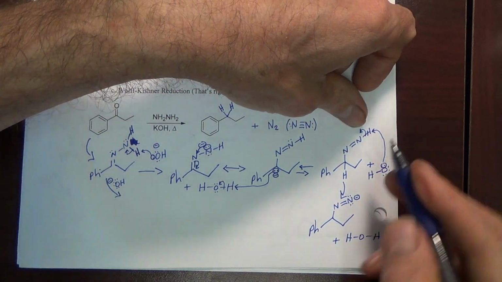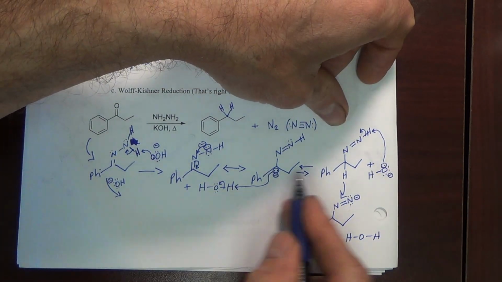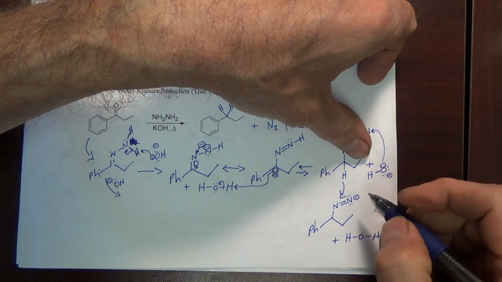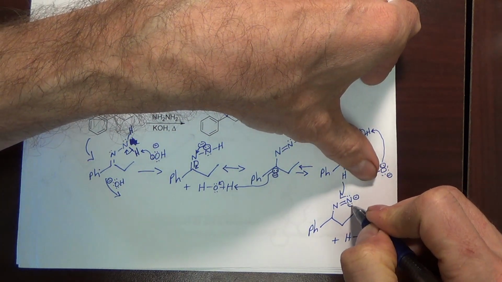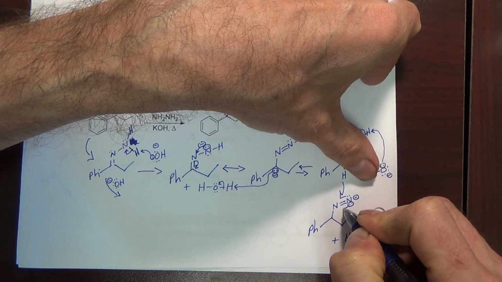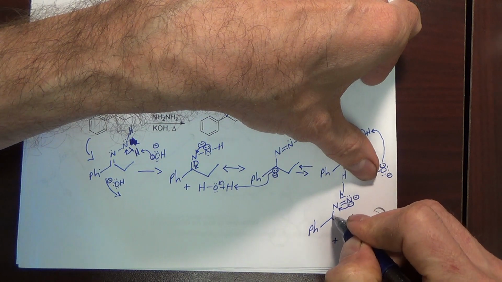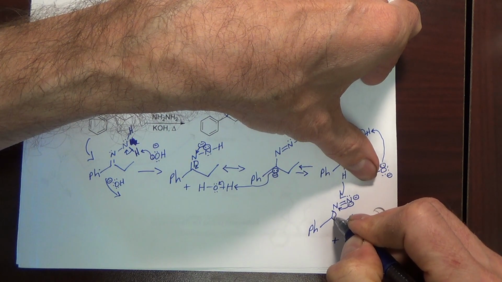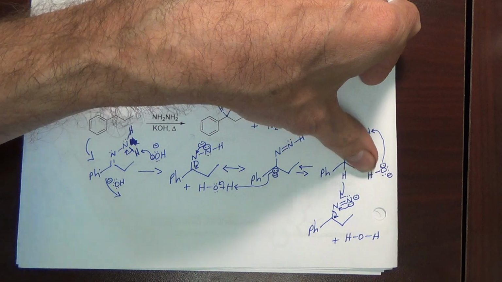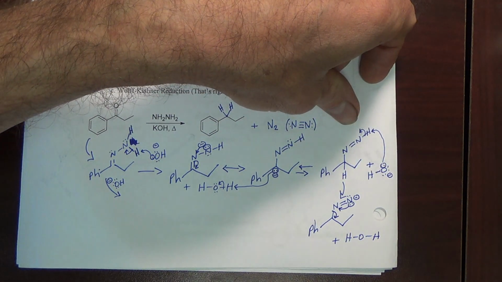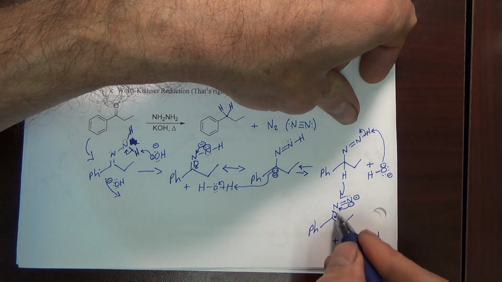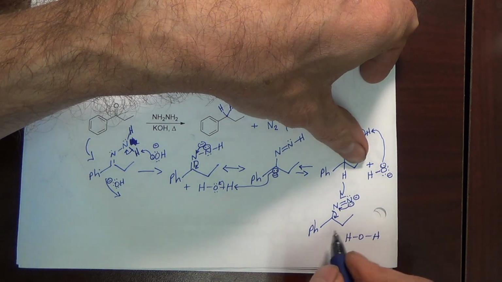Now at this point we're almost repeating what we did the first time, except here it's not resonance. These electrons are going to move in here, make a triple bond between nitrogens, and this carbon here is going to be kicked off as a leaving group. Now, this step is a little bit difficult. That's a plain carbon.